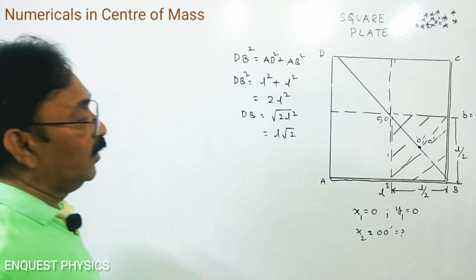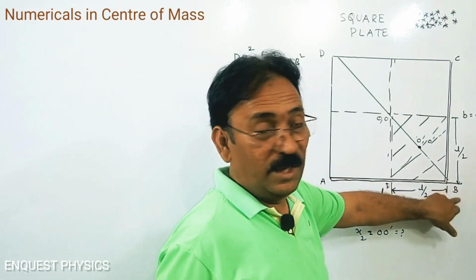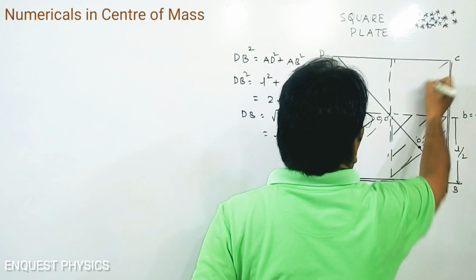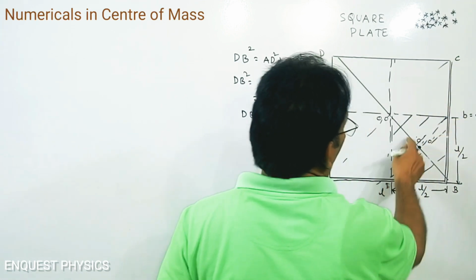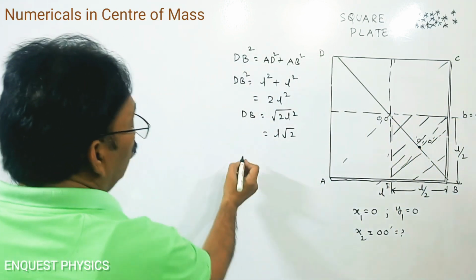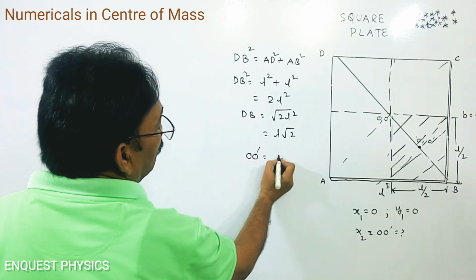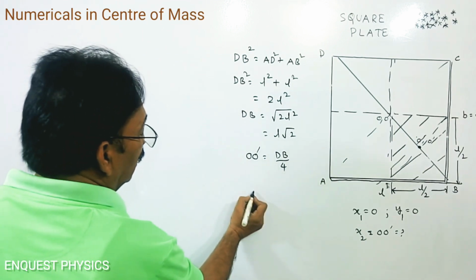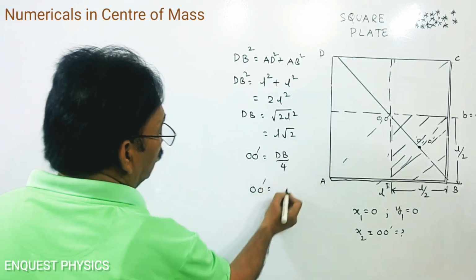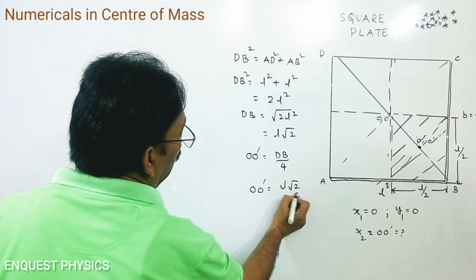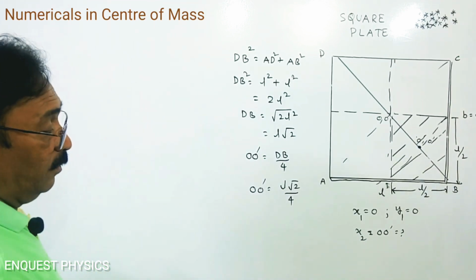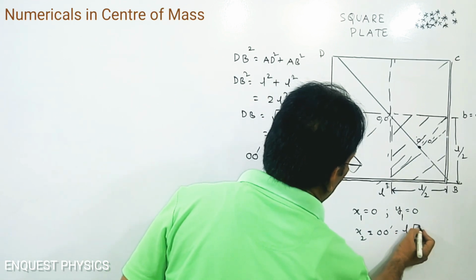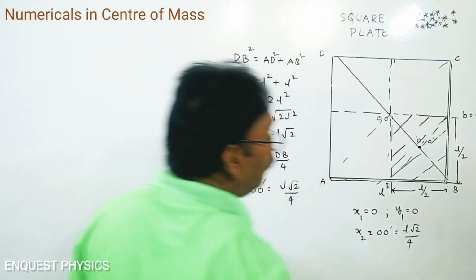This entire length is equal to dB. Then it is half of the length and it is passing, it is 1/4. O O dash is 1/4 part of the dB. So we got O O dash as L root 2 by 4.